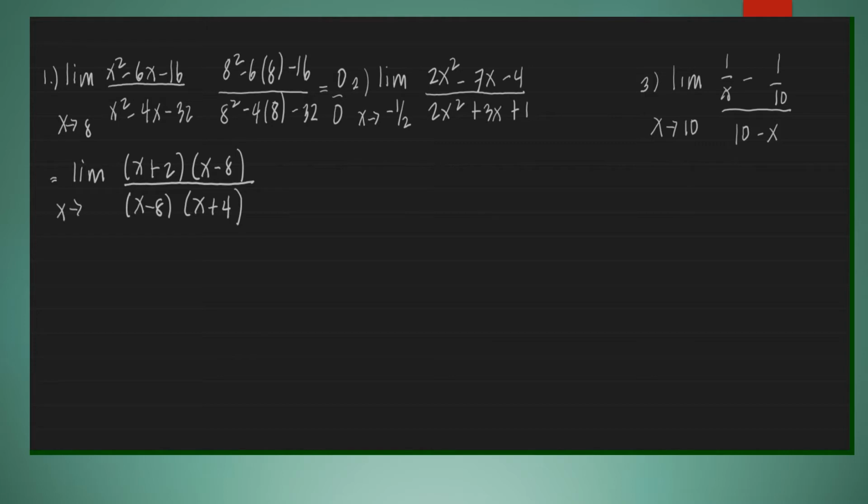And notice that we can cancel out x minus 8. So we are going to be left with x plus 2 over x plus 4 as x approaches 8.